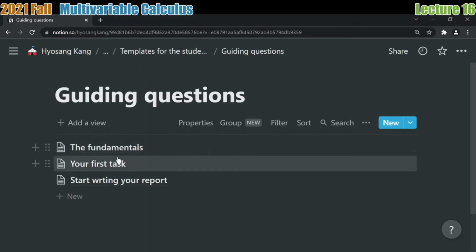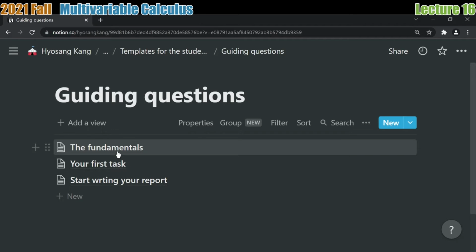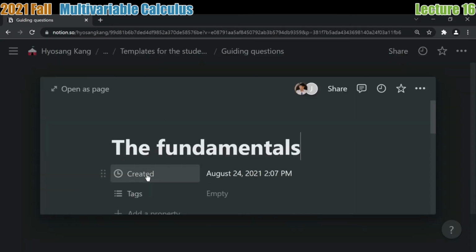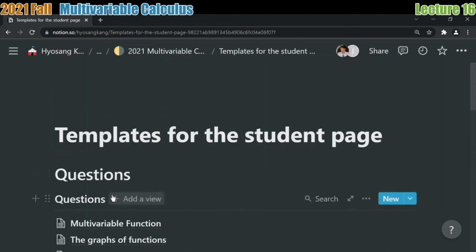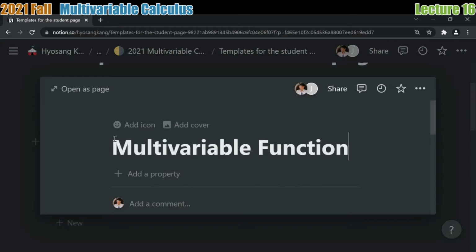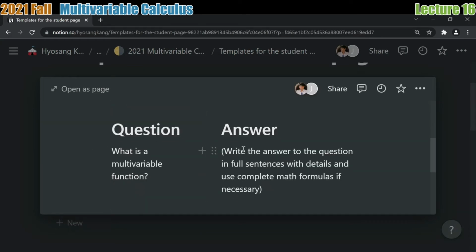If you think that just answering one sentence would be enough for each of these questions, like questions such as what is a multivariable function, if you write it in one sentence, I'm not going to give you any points. Okay? The questions are 40% of your grade.